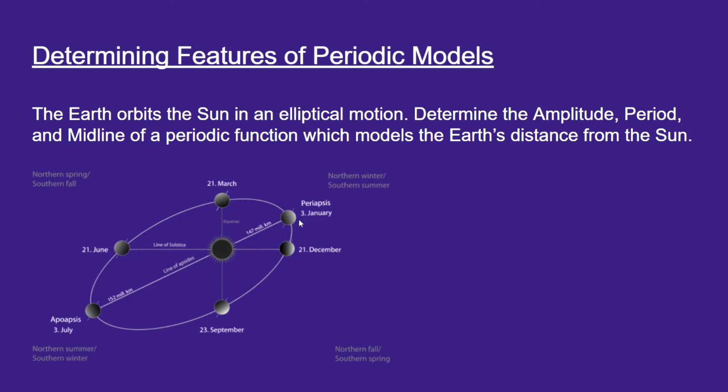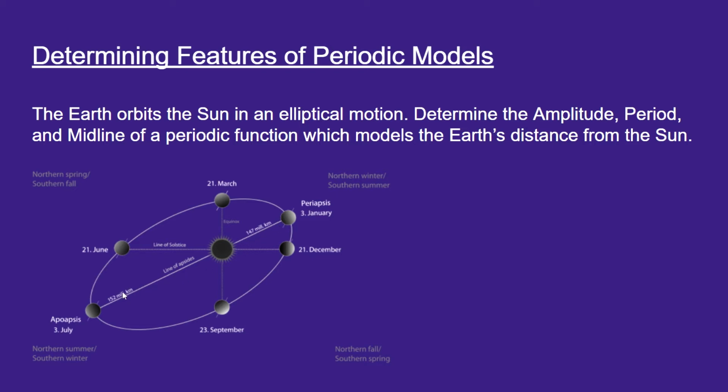So you can see here that in our model, the Earth is going around the sun. What's interesting is that the Earth is closer to the sun at some points, and further away from the sun at others. So we can use those values as our minimum and maximum. 147 million kilometers, that's our minimum value.